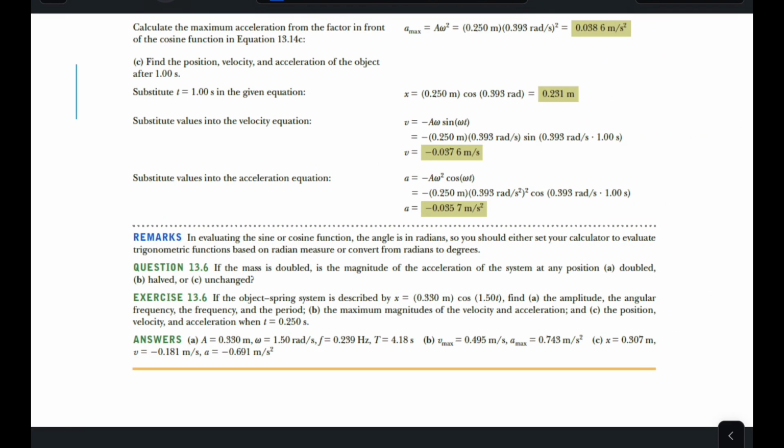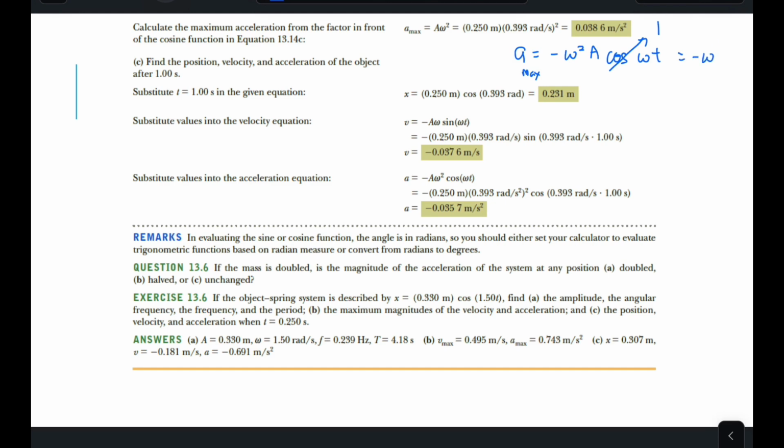And then proceed to figure out the A maximum. For the a, the equation is a equals negative omega squared A cos omega t. Again, when we talk about the maximum of acceleration, the cos function will be maximum, which is 1.